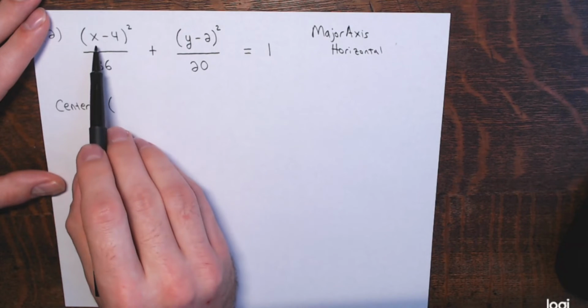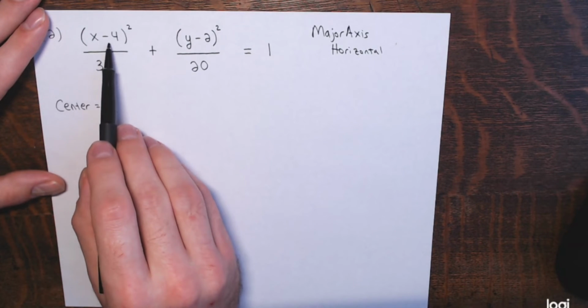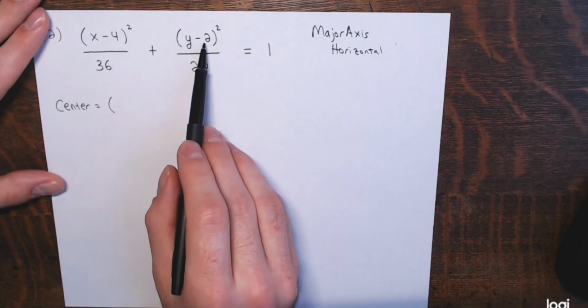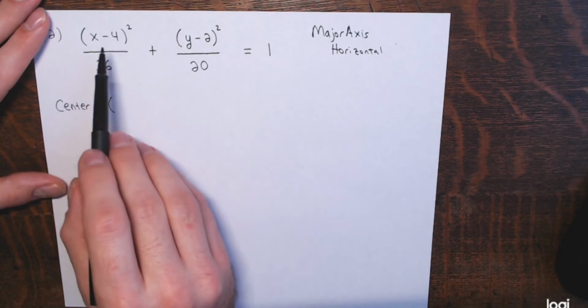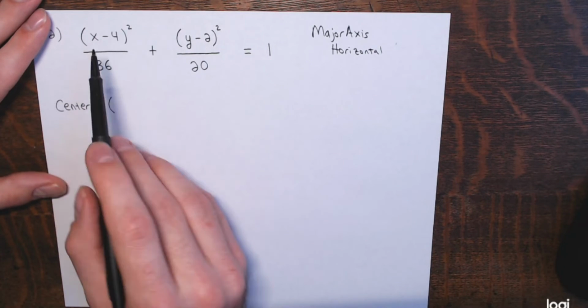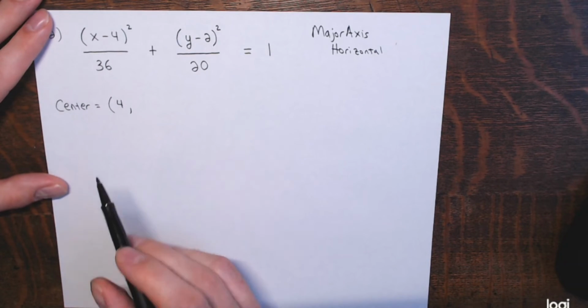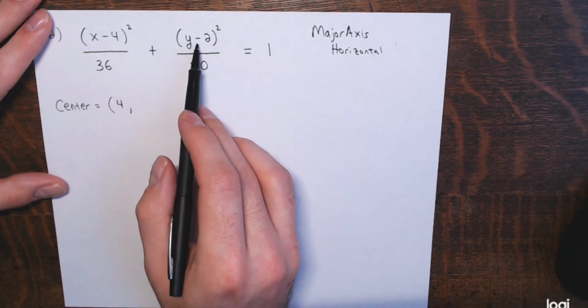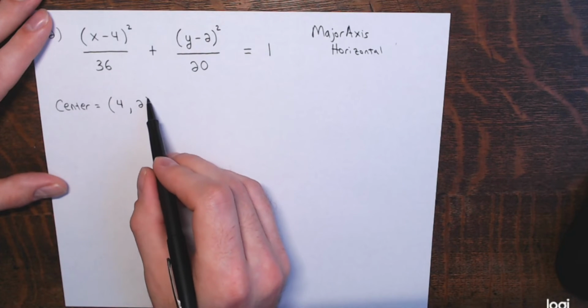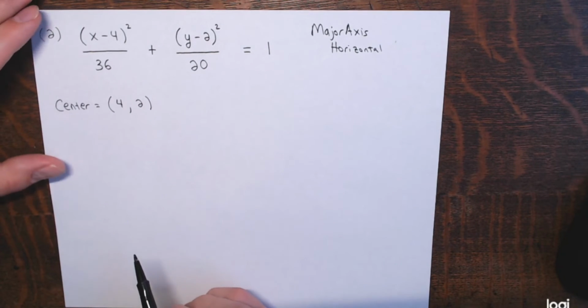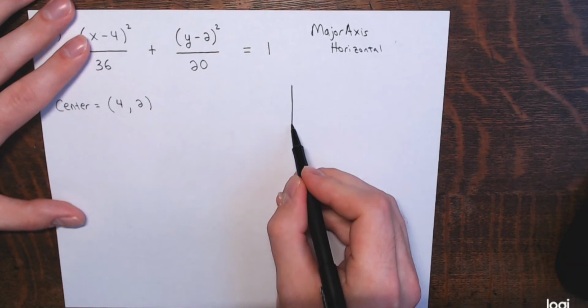I like to think of just what would make me have 0 squared here and 0 squared here. X minus 4. If x were 4, you'd have 0 there, so 4 is the x coordinate of the center. And if y were positive 2, you'd have 0 there, so 4, 2 is the center. And I'll start plotting some of this stuff.